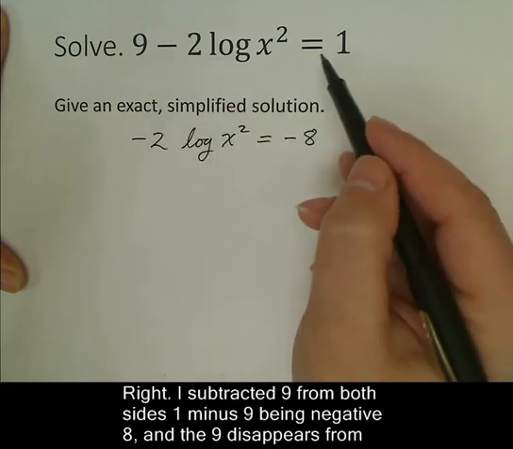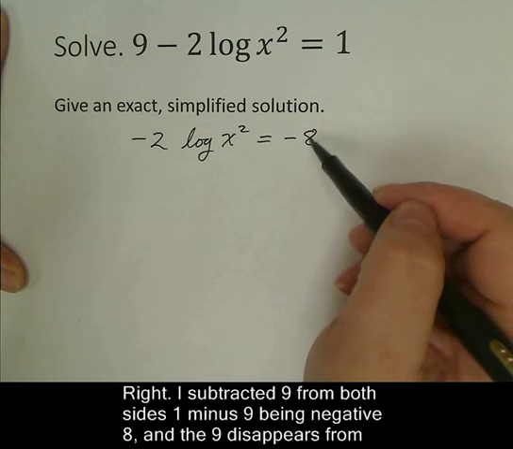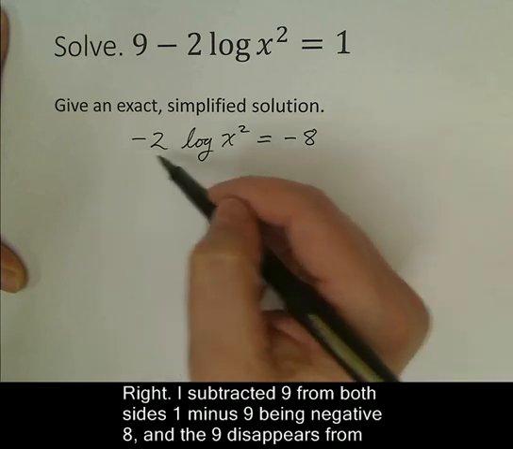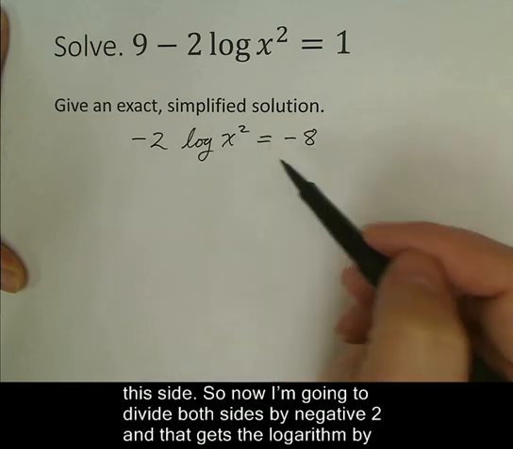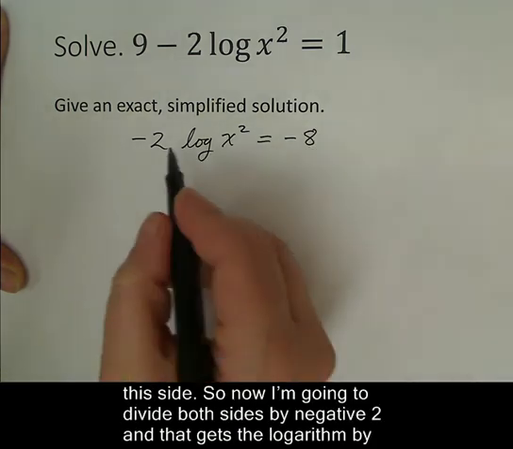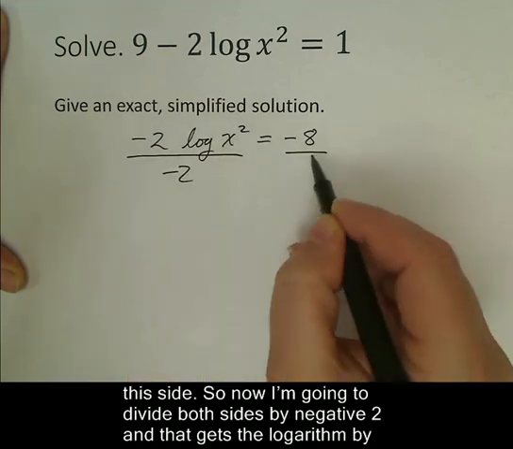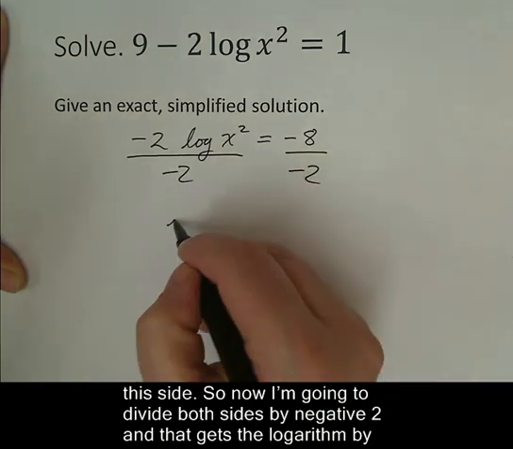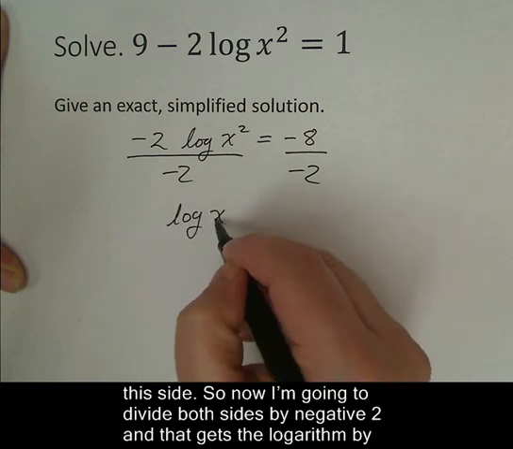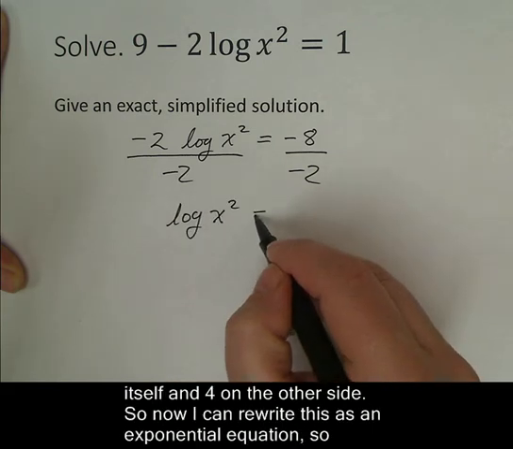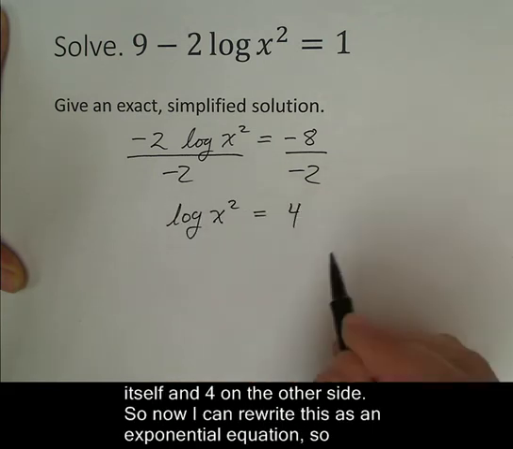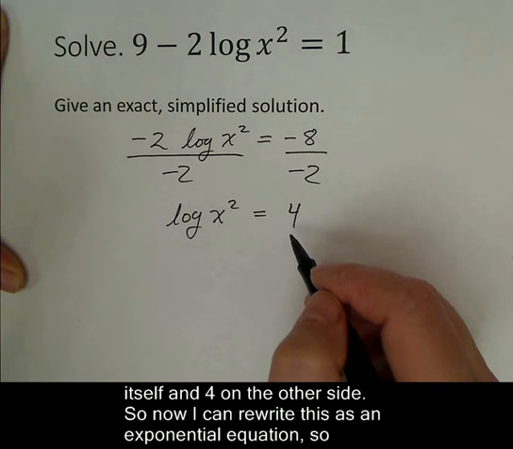I subtracted 9 from both sides. 1 minus 9 being -8, and the 9 disappears from this side. So now I'm going to divide both sides by -2, and that gets the logarithm by itself and 4 on the other side.